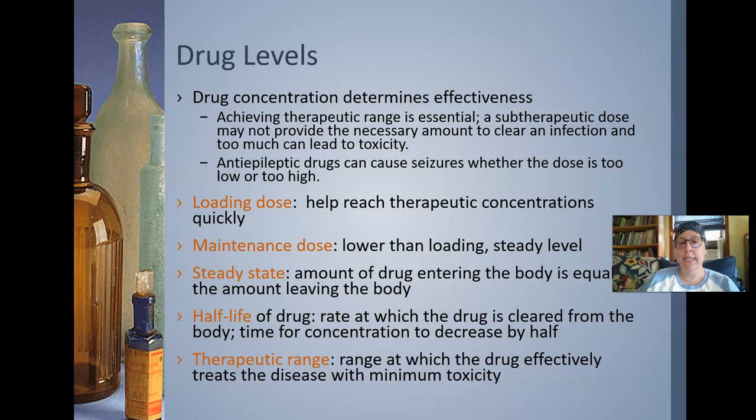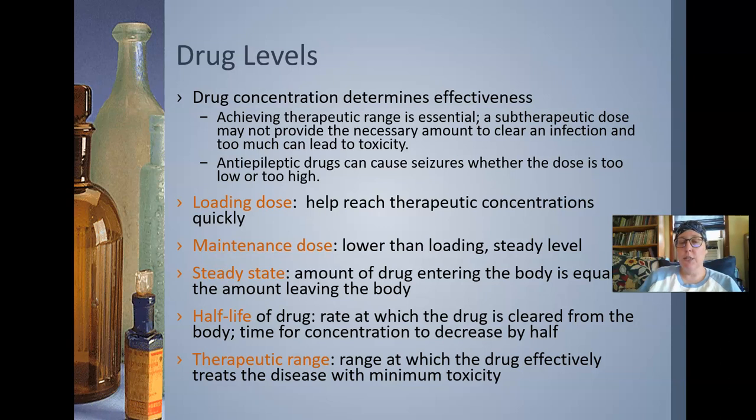You have reached steady state when the amount of drug that enters the body is equal to the amount of drug leaving the body, so you are at the steady therapeutic dose. It's not actually a straight line; it's more up and down, as the dose enters and then is excreted, but it stays in that therapeutic range.